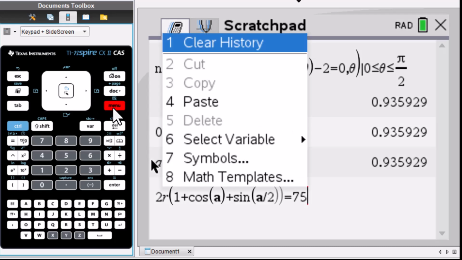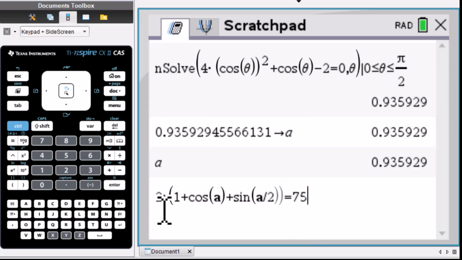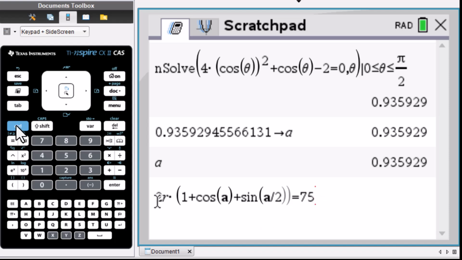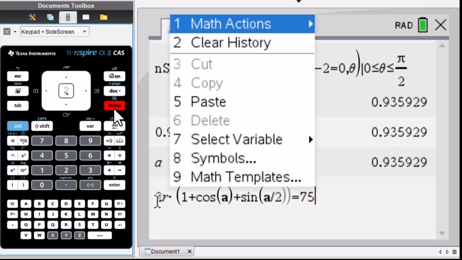Control menu. It didn't show math solver. Then you need to check back this equation. To R, you have to put times here. Then do this again. Control menu.